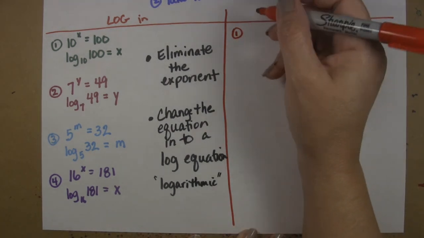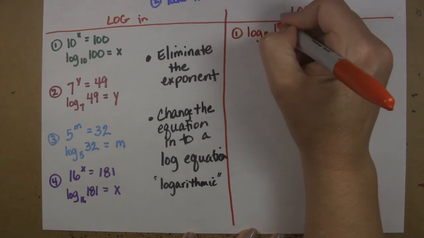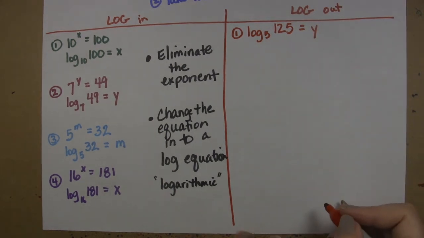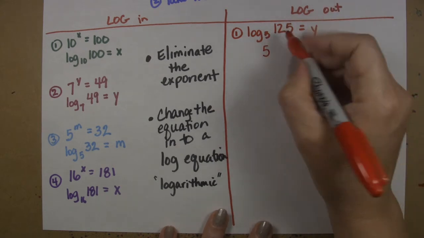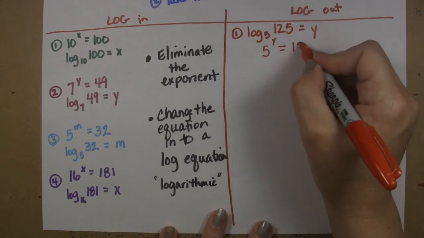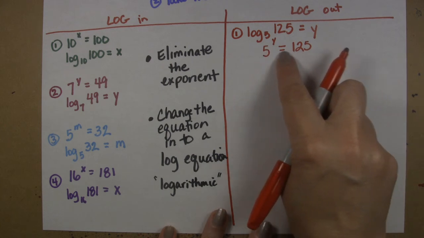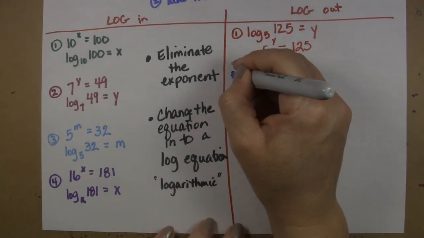So they might give you a problem that looks like this. Log base 5 going to 125 equals y. Let's rewrite that. So that means 5 raised to the y gets us to 125. So this is rewriting the equation, but we're taking the word log out. All right, here's another example.